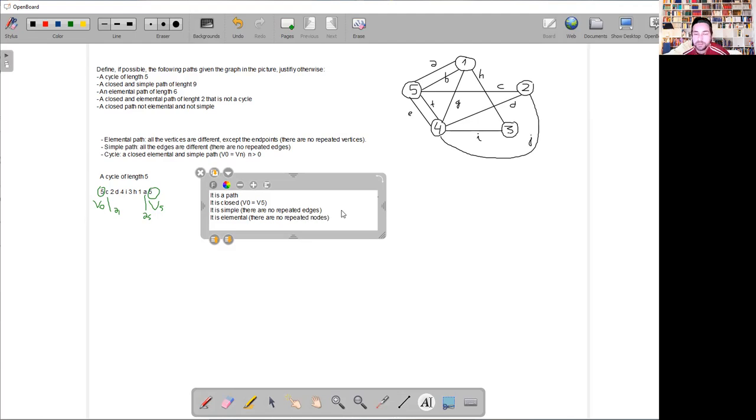We have checked this before, and we are not repeating any node here, except 5, which is the initial node and the final node.